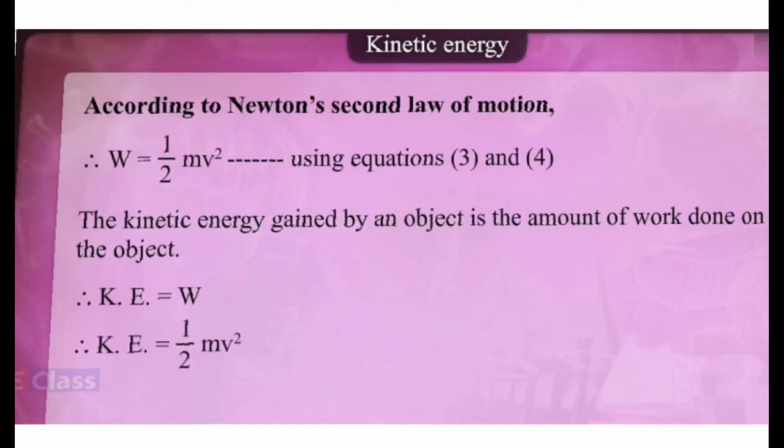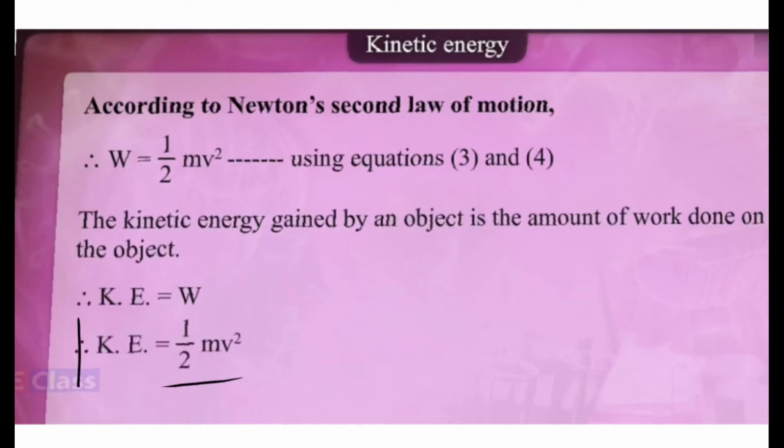So the kinetic energy gained by the object is nothing but the amount of work done on the object. So it will be equal to W, and what is W? W is half mv square. So we got the formula for kinetic energy as half mv square. Is it clear?